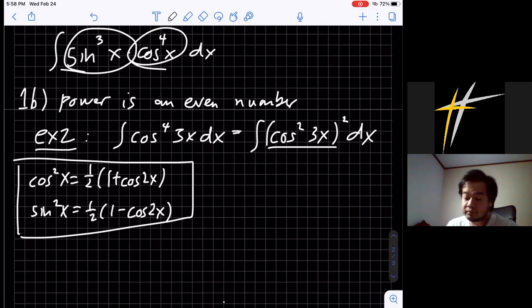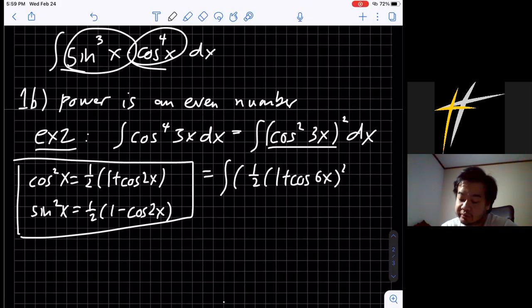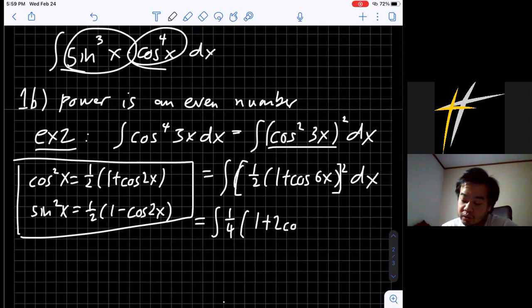So now let's continue. This is equal to the integral of half, 1 plus cosine 6x, being squared, dx. If I continue, it's equal to 1 over 4, and then I expand the square. It's 1 plus 2 cos 6x plus cos square 6x dx.